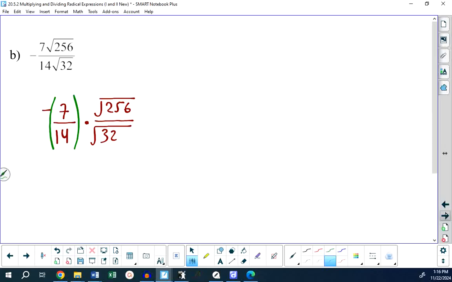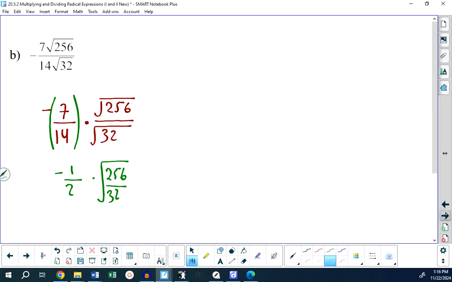By divide them, I don't mean put them in your calculator. I mean figure out what 7 over 14 is as a fraction in lowest terms, and that's 1/2. Correct? So this becomes negative 1/2 times the square root of 256 over 32.